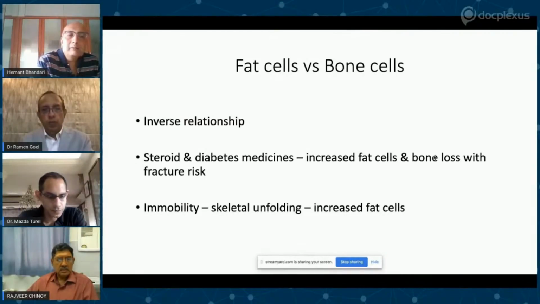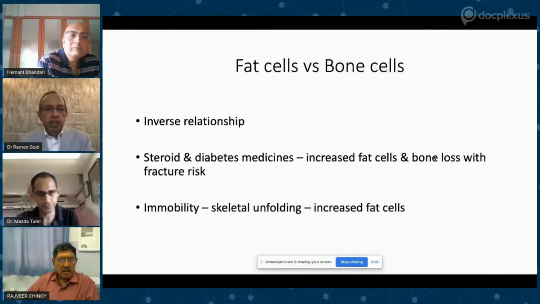So we are limited, because that is the only clinically available test. Right. So these patients who are on steroids, are they at increased risk of fractures? Chronic long-term steroid use is a known risk factor, amongst many others, for decreased bone density.